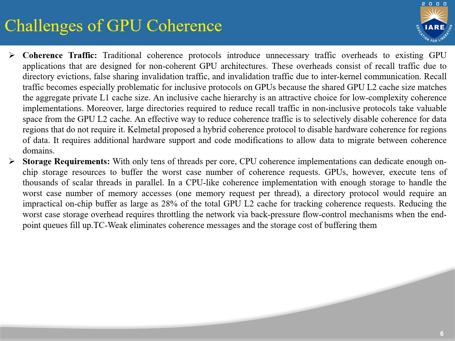Reducing the worst-case storage overhead requires throttling the network via back-pressure flow control mechanisms when the endpoint queues fill up. TC-Weak eliminates coherence messages and the storage for buffering them.